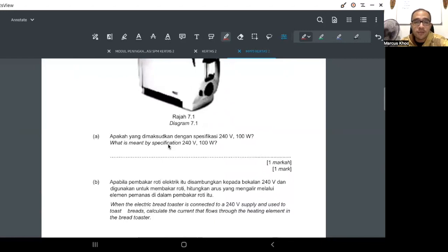Okay, what is meant by the specification of 240 volts and 100 watts?